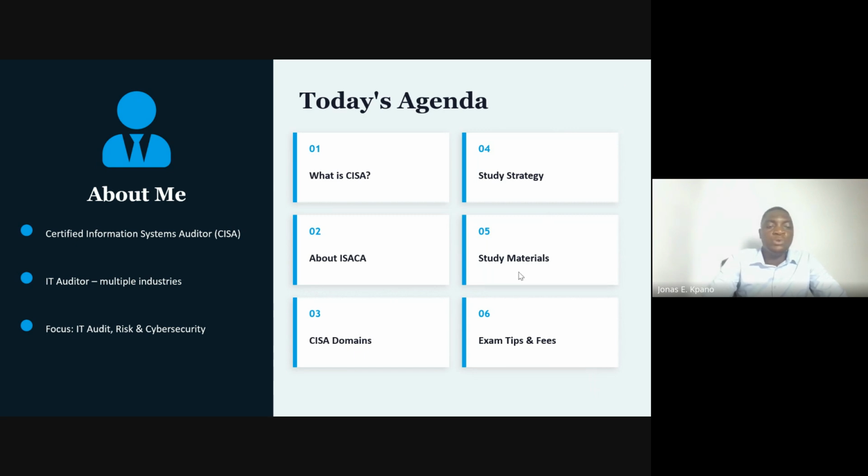In my current role, I am an IT auditor and I audit multiple industries. My focus is on IT audits, risks, and cybersecurity. For today's agenda, we want to understand what is CISA, the study strategy we can use, about ISACA, the CISA domains, the study materials, exam tips, and fees for the CISA exams.